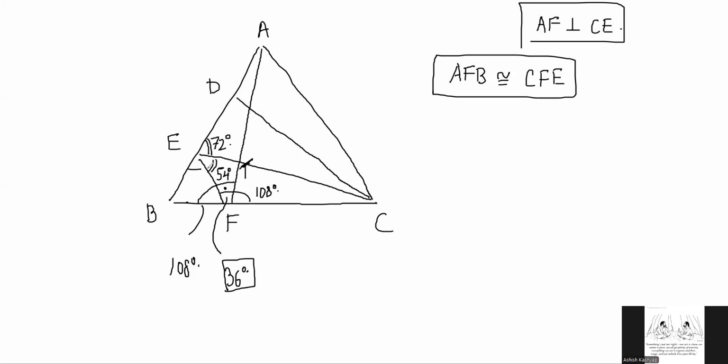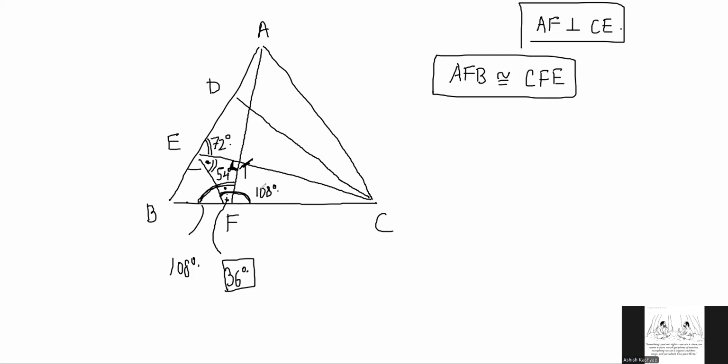Then we proved that. We found by congruency that this angle and this angle are the same, 108 and 108, so the middle angle has to be 36. And 36 plus 54 is 90, so this has to be 90. It is pure angle chasing.